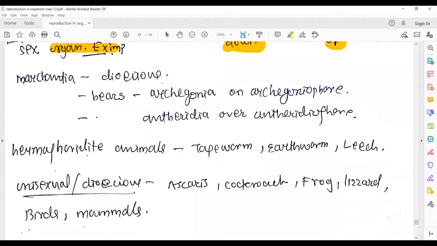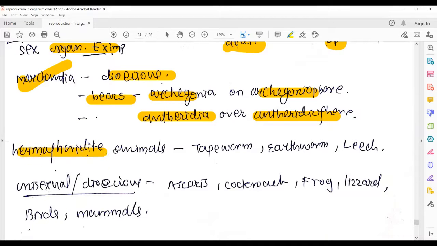See, Marchantia is dioecious. Okay, what is Marchantia? It is dioecious. It bears archegonia, which grow on the archegoniophore. That is, the female gametes grow on the female gamete stalk, and similarly antheridia grow on the antheridiophore. We had already talked about Marchantia, a bryophyte, in the plant kingdom part.